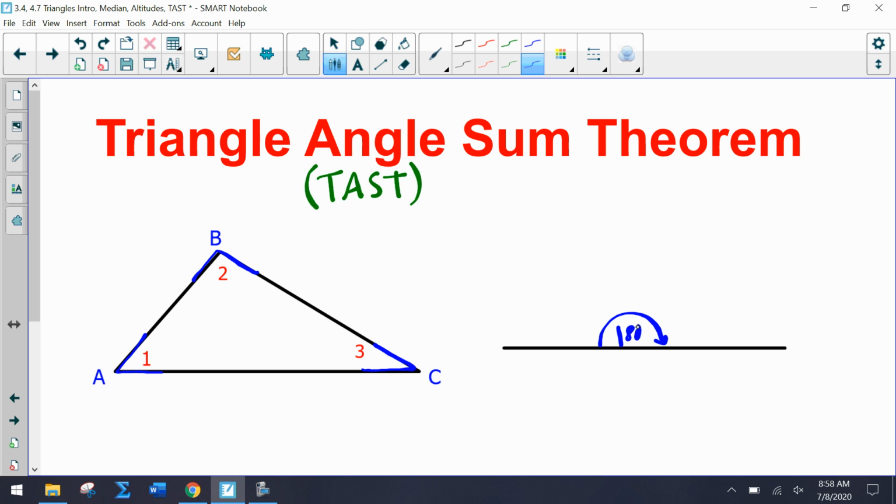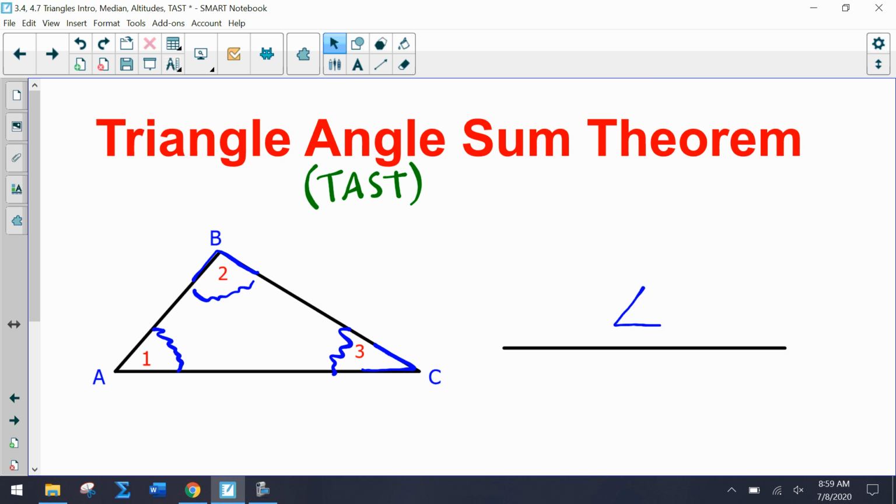A straight angle is 180 degrees. Okay, so that's something else that we know is 180 degrees. So you just have to watch. So if I have this triangle with these 3 angles, I'm going to envision I'm cutting away these angles. I'm ripping them away from the triangle.